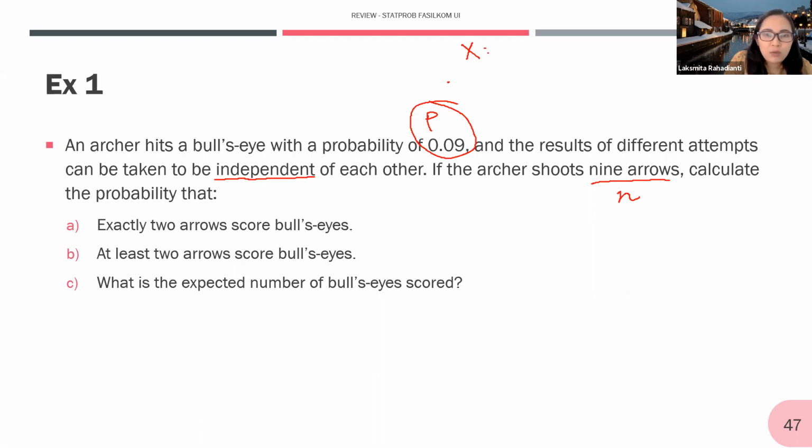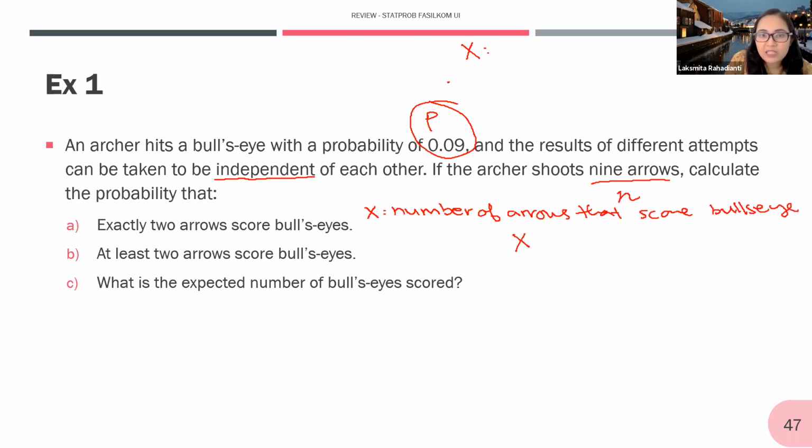So here what I want to compute is the probability that there are 2 total bullseyes. So among 9, how many successes does he have? How many times does he actually score or obtain the bullseye? So here I can determine X is the number of arrows that score bullseye.